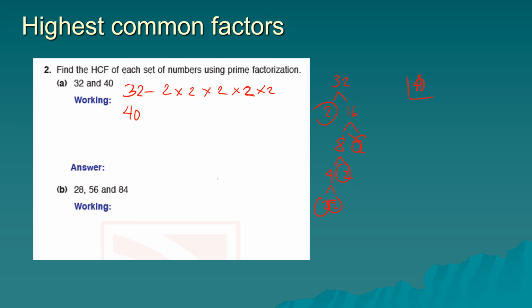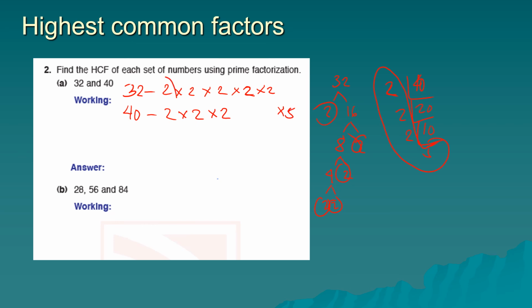Let's use division this time. Smallest prime number first. Prime factorization. Now we'll get all the common factors only.